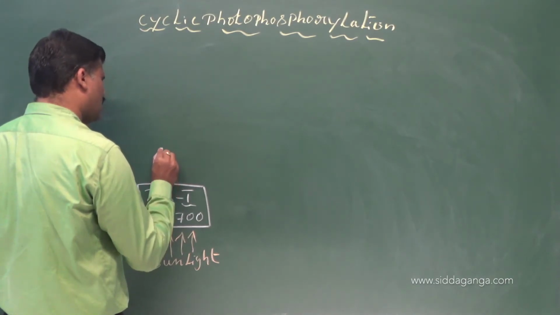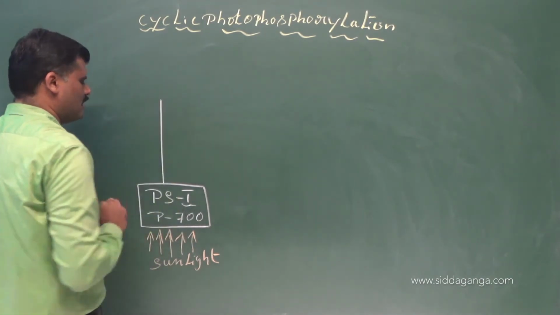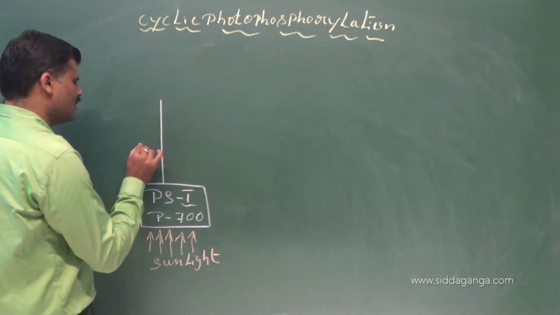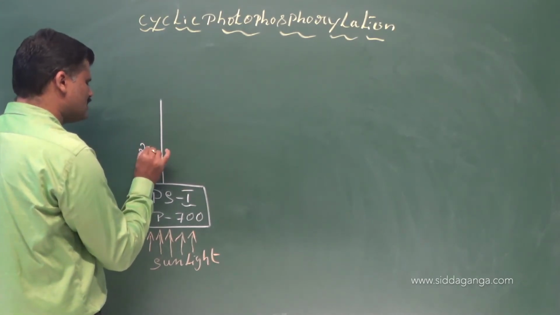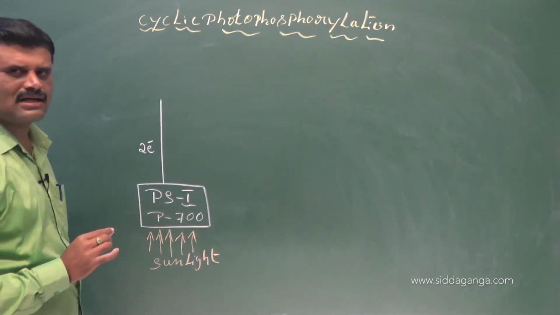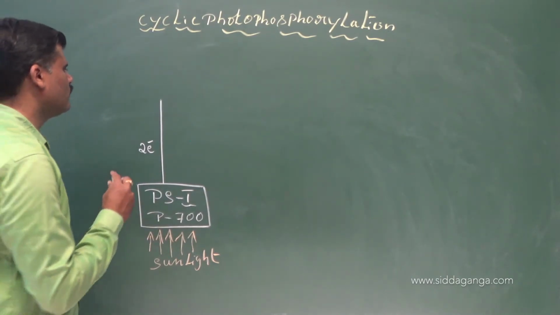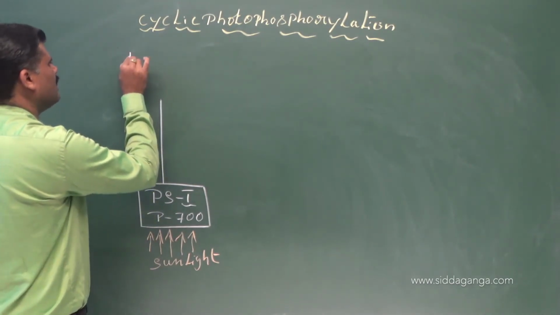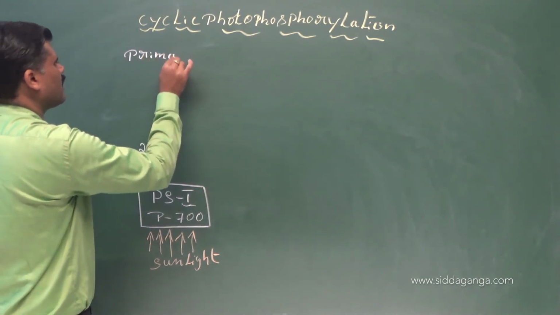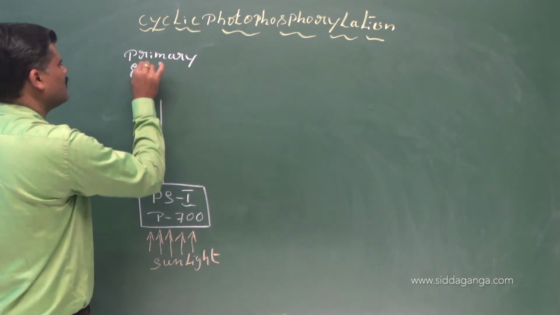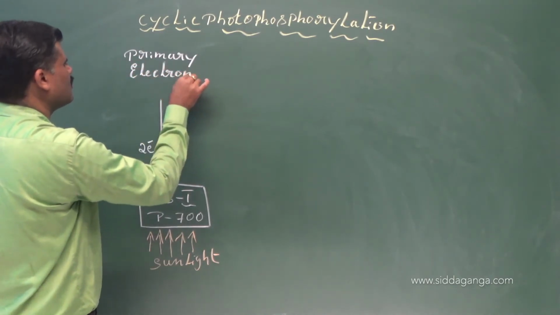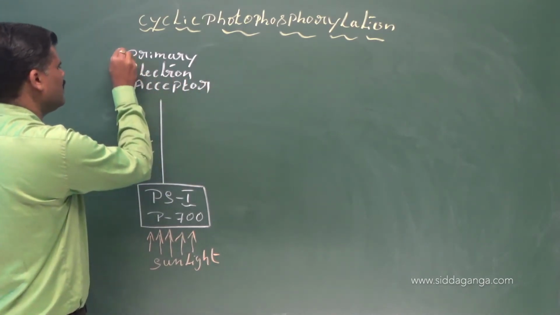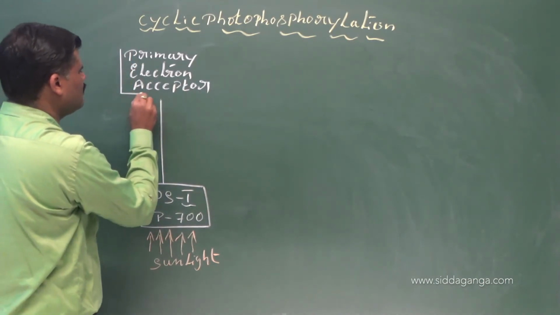The chlorophyll A of photosystem first undergoes the excited state. The electrons reach the excitation state, and a pair of energy rich electrons is emitted out from the chlorophyll A. Those energy rich electrons are first accepted by the primary electron acceptor.